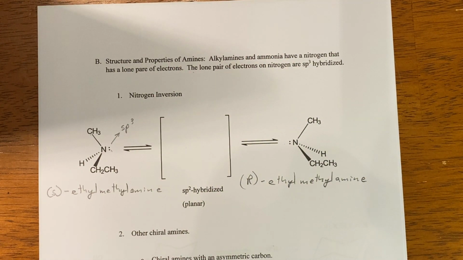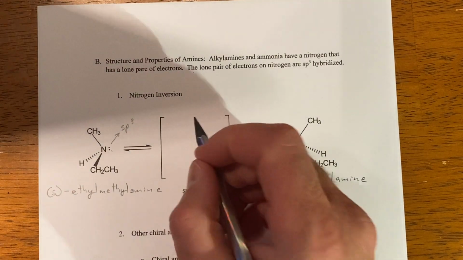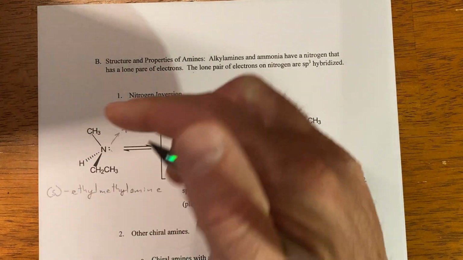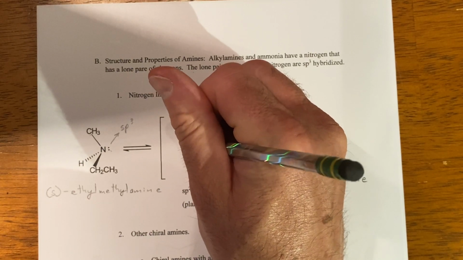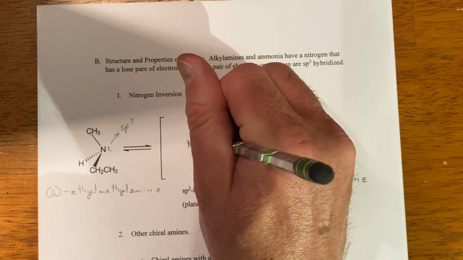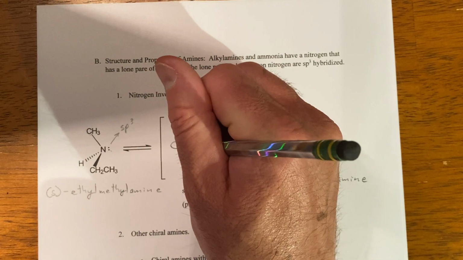And then sort of the transition state between the two inversions is an sp2 hybridized structure where the lone pair sits in an unhybridized p orbital.